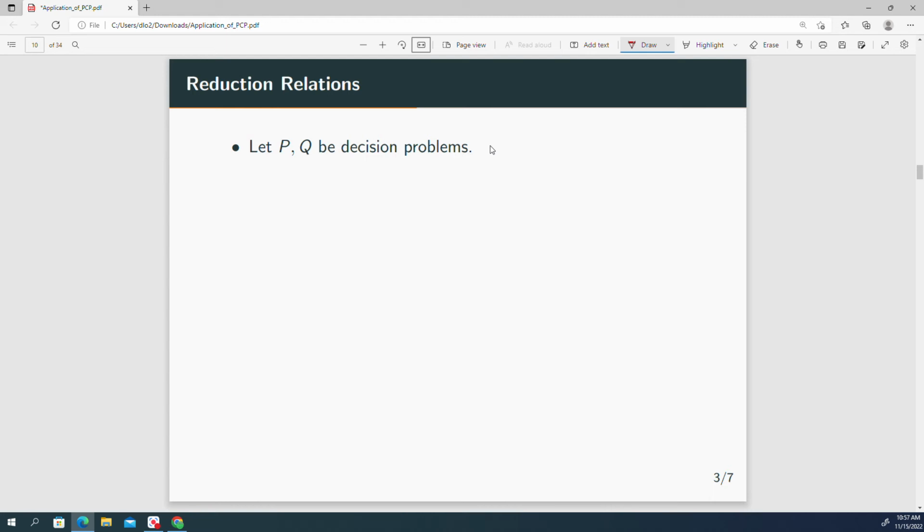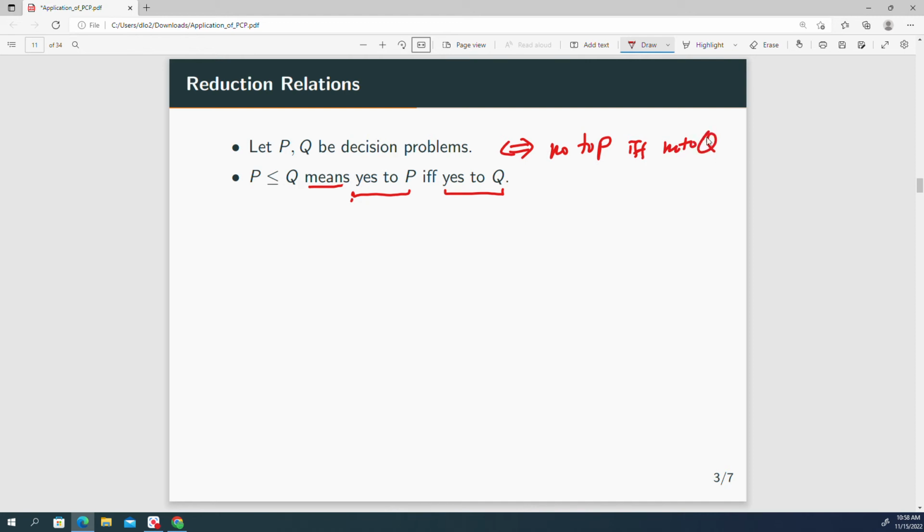If P is reducible to Q, and this less-than-or-equal symbol means reducible to, it simply means that I have the yes answer to P if and only if I have yes answer to Q. Equivalently, no to P if and only if no to Q. So either case we say P is reducible to Q.